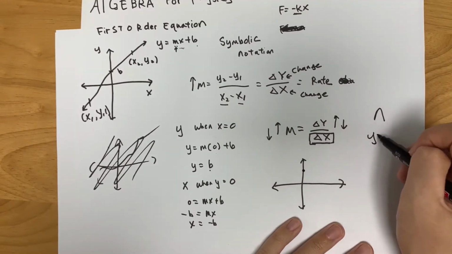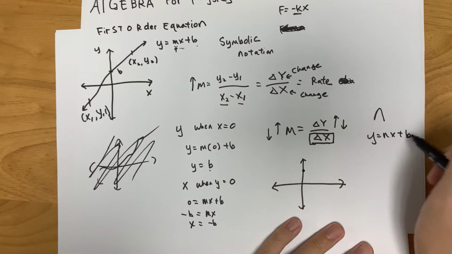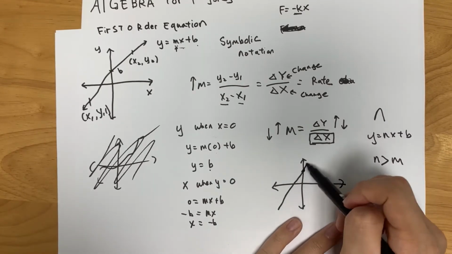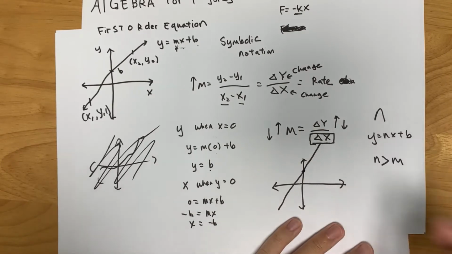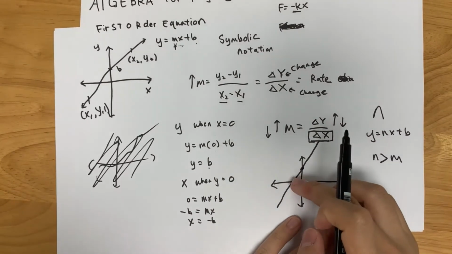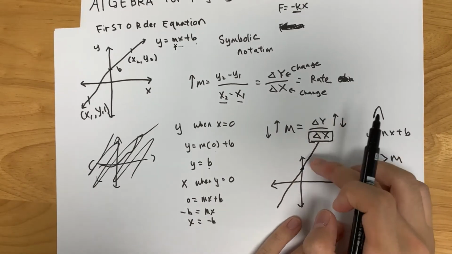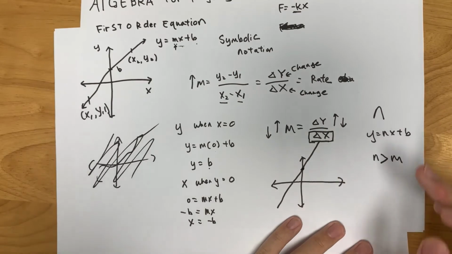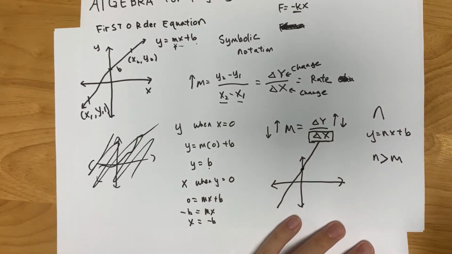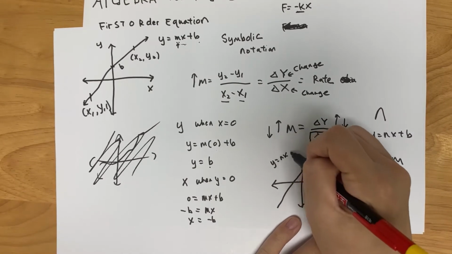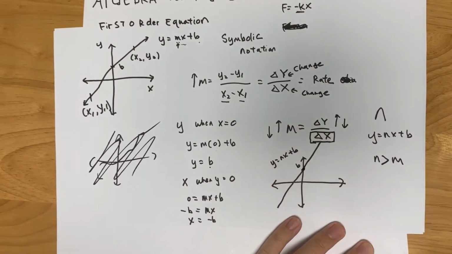Let's say y equals nx plus b, and n is bigger than m. Then the graph will look like this, because at the same change of x, the amount of y increases too. So this y equals nx plus b graph will also cross at b.